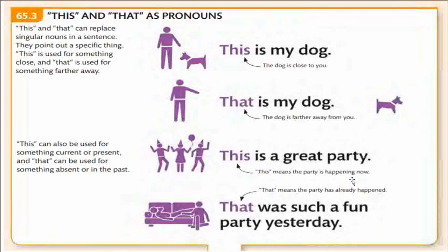This means the party is happening now. Now, if I were to say it was such a fun party yesterday, I'm replacing that it with that. So I'm using it as a pronoun. Now how is this pronoun being used? That was such a fun party yesterday. Time marker is here. Time marker is mentioning something in the past. So I'm using that for past pointer.